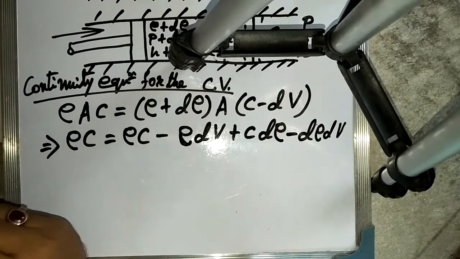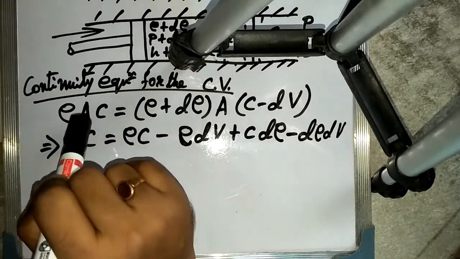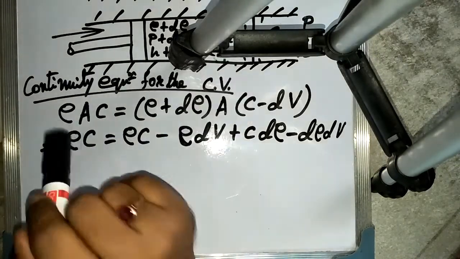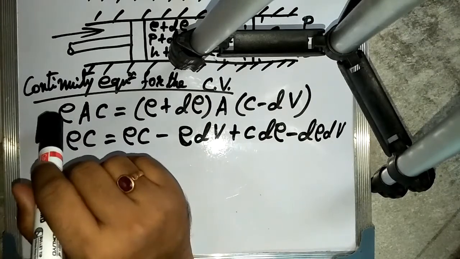I am telling you one thing. This continuity equation is the equation that you have already learned in fluid mechanics and basic physics. The continuity equation is nothing but the multiplication of density, cross-sectional area and velocity, or we can write the cross-sectional area into velocity by the specific volume.